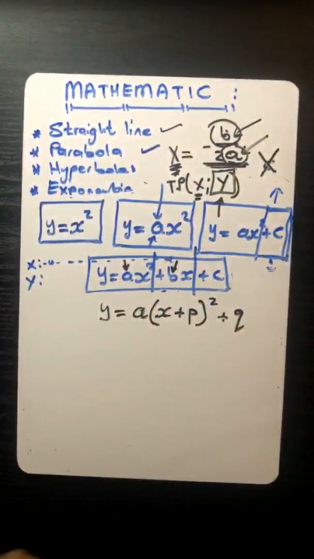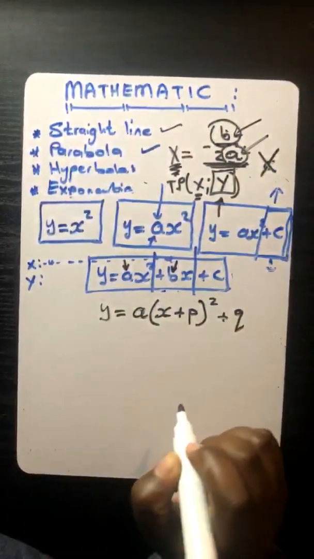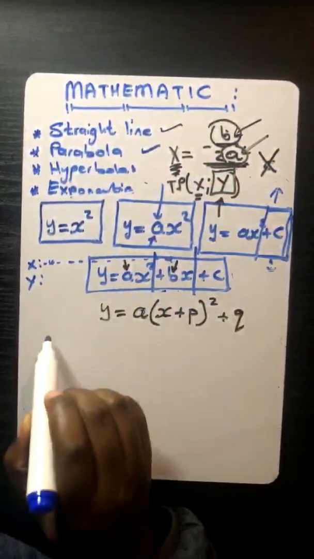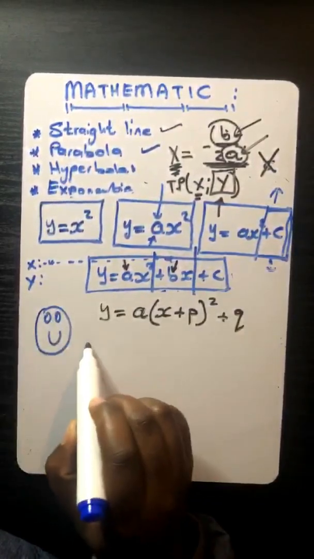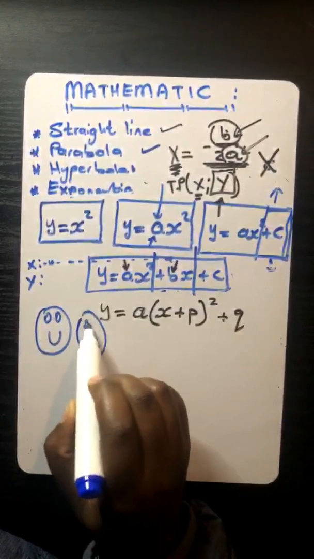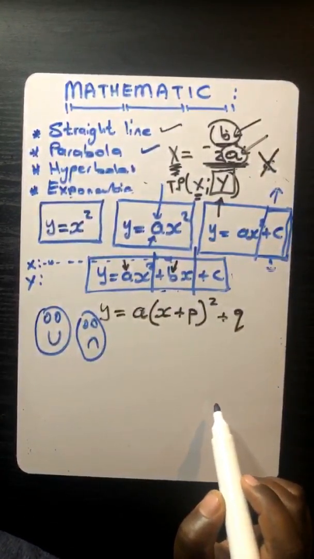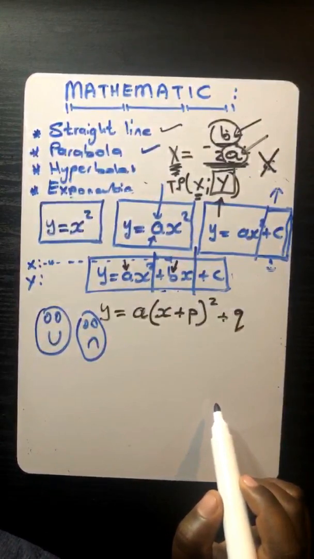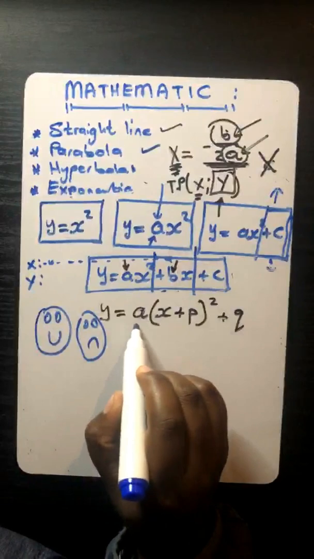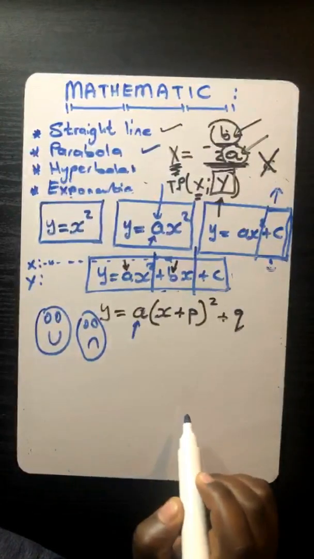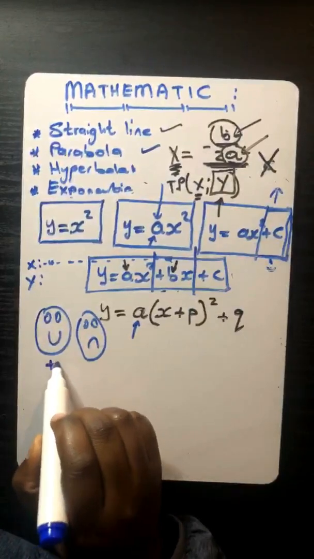Now, remember, the most important thing you need to know is whether the function is smiling or if it's a sad parabola. If you've got a positive a value, we already know we've got a smiling shape.